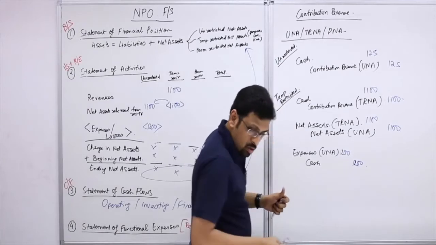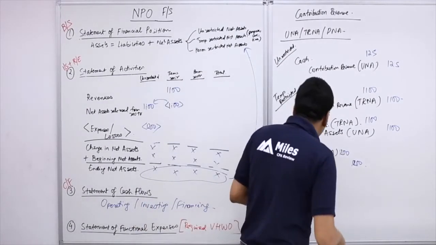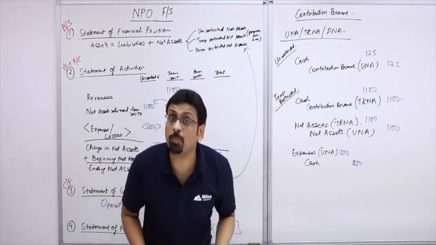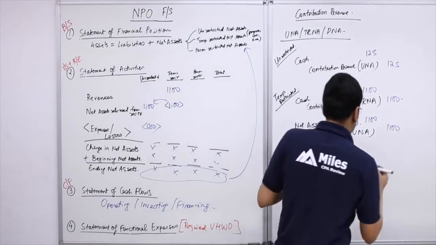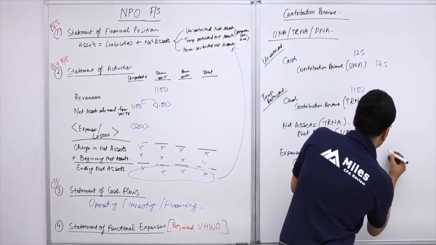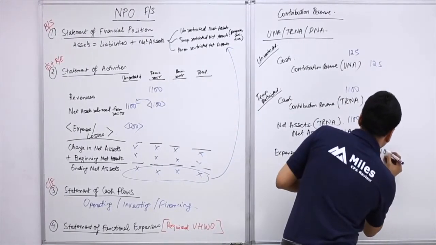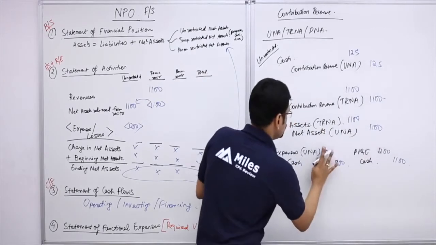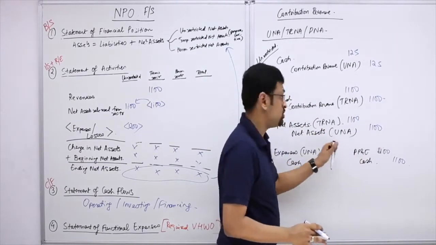Now, this was an expense. You could have also, let's say, bought equipment for cancer research. In that case, your journal entry would have been PP&E to cash, the entire $1,100. So no expense then, but you bought equipment for cancer research.